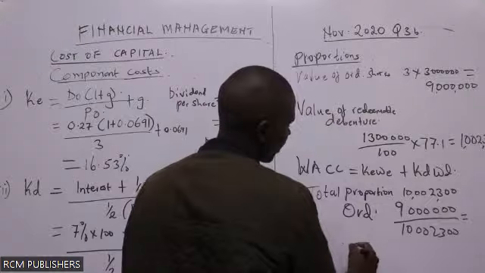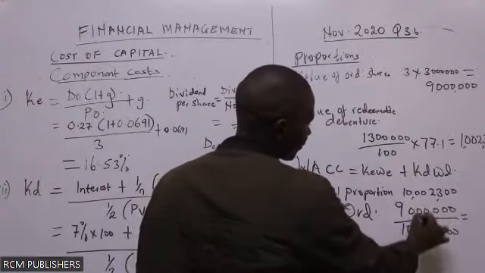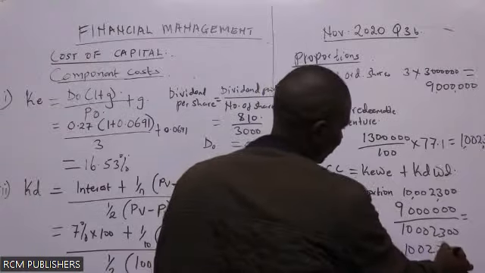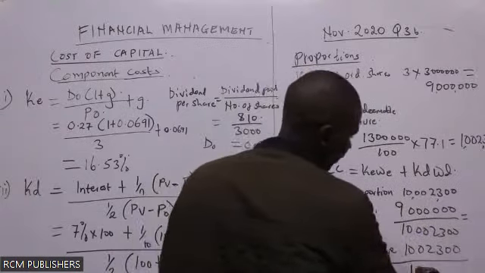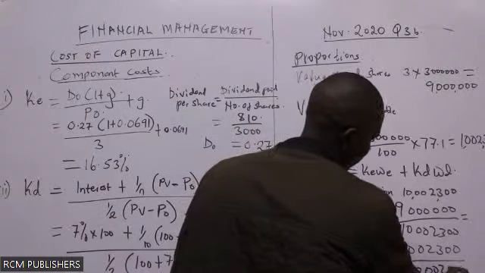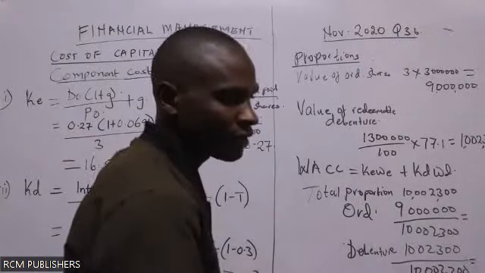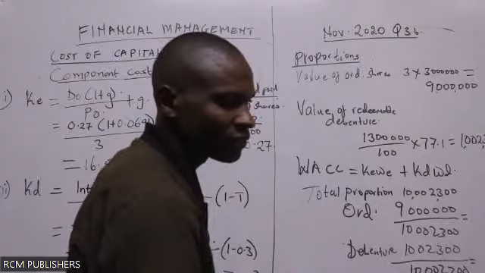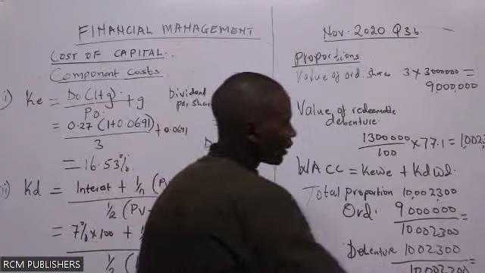And then for the debenture, you just take 233,200 divided by the whole amount. Now get those two, to 1 decimal place. 0.9.